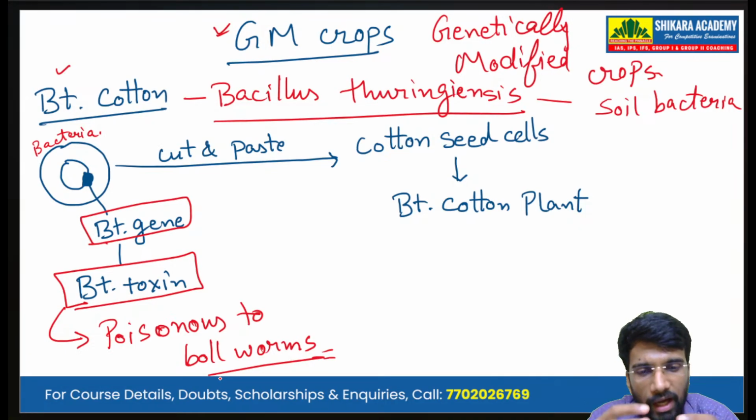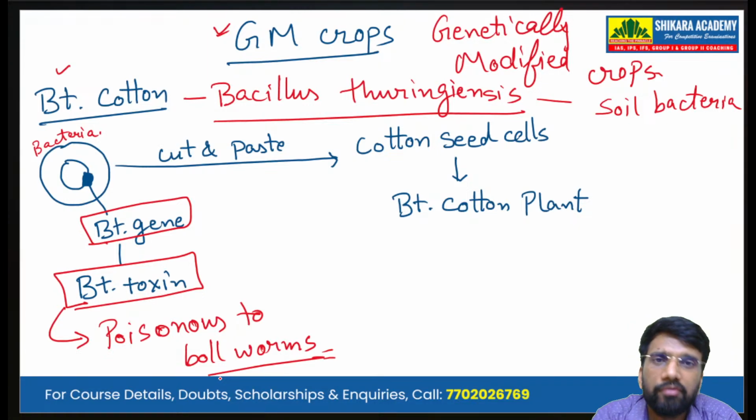So the larvae of these bollworms feed on the cotton boll in which we have cotton fibers. So ultimately, it is destroying the cotton crop. So we have to eliminate these larvae, or these bollworms. So we know that there is this BT toxin.